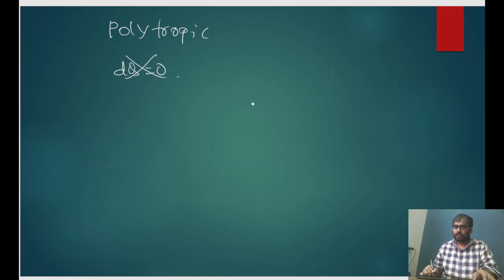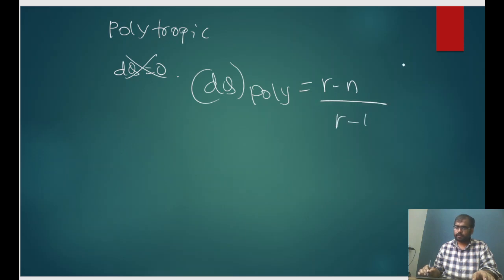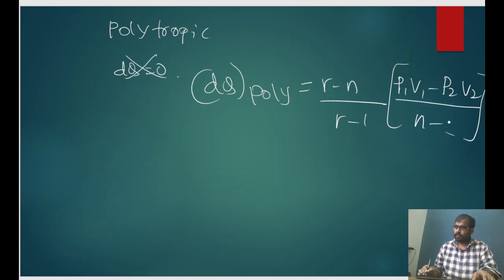One formula is there. dq for polytropic is equal to (gamma minus n) divided by (gamma minus 1) into (P1V1 minus P2V2) divided by (n minus 1).